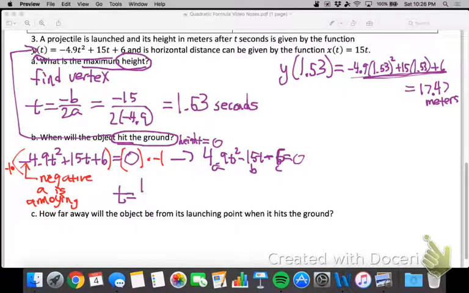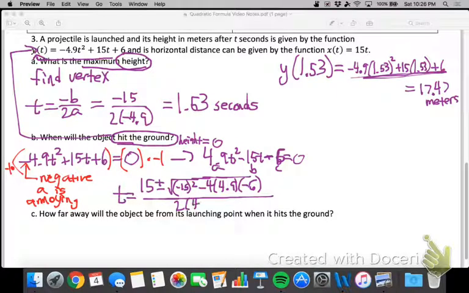So 15, because it's double negative, so negative 15 makes positive 15, plus or minus the square root of negative 15 squared minus 4 times 4.9 times negative 6, all over 2 times 4.9.